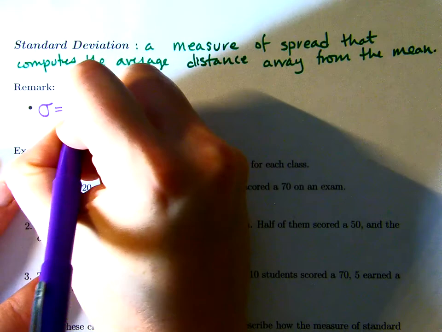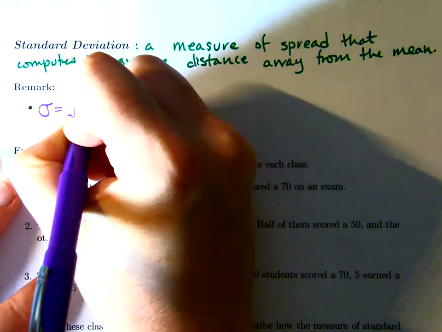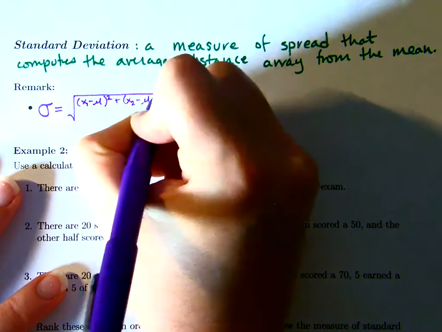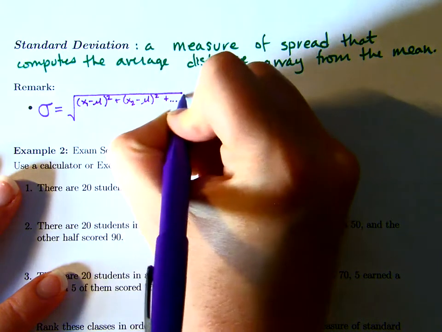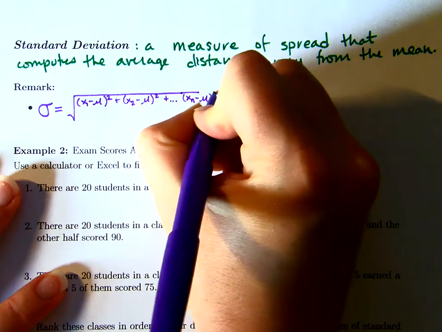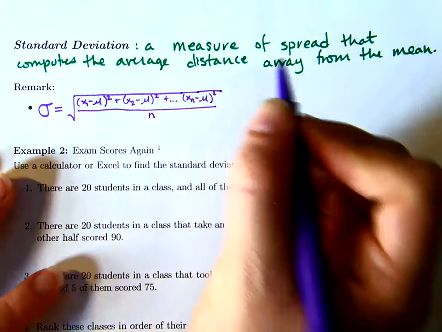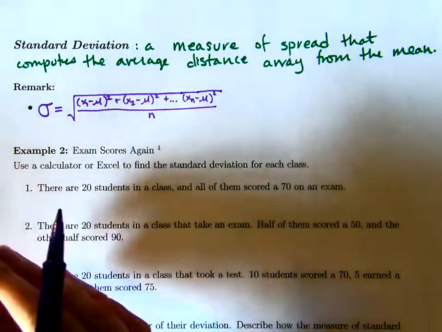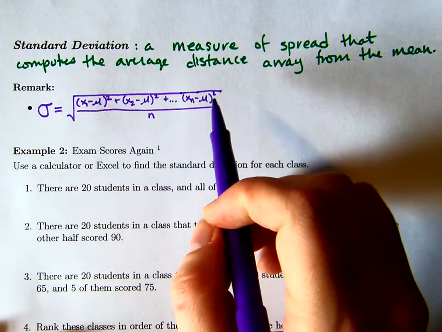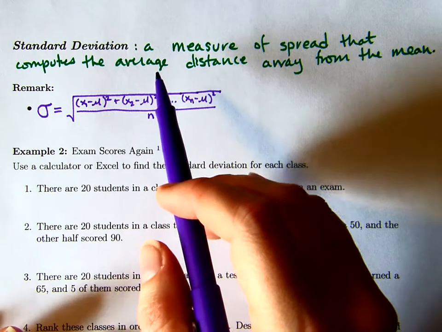Well, similar to the distance formula, okay, it looks a little bit like this. Okay, there we go. And this is all divided by n. So if you ignore the square root and the squares, then you have a bunch of numbers added up and divided by how many you have. So that's the average part of this.